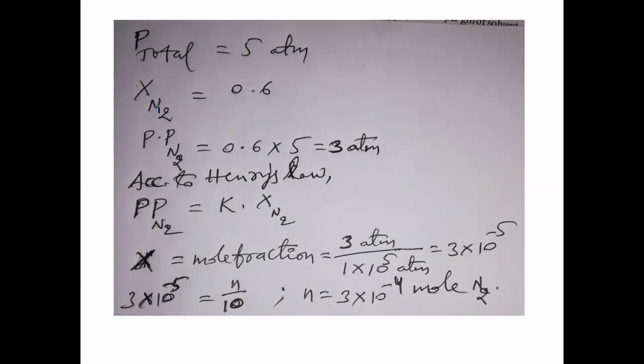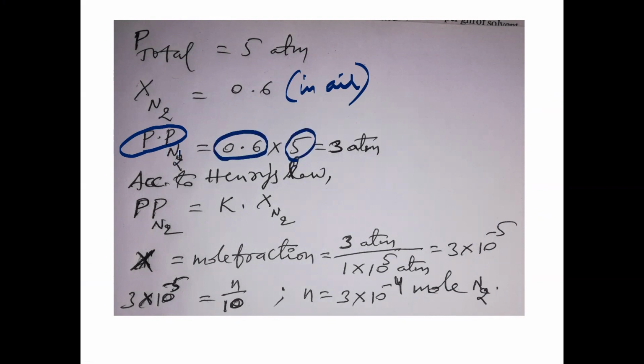And X of N2 means the mole fraction of nitrogen in air, which is 0.6. PP means partial pressure. Partial pressure of nitrogen is equal to the mole fraction of nitrogen in air times the total pressure.